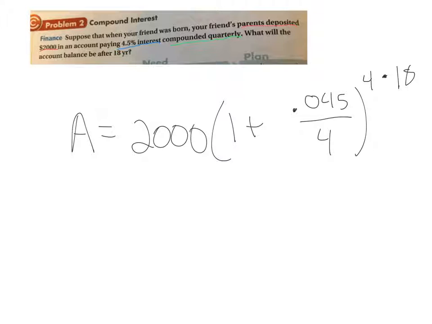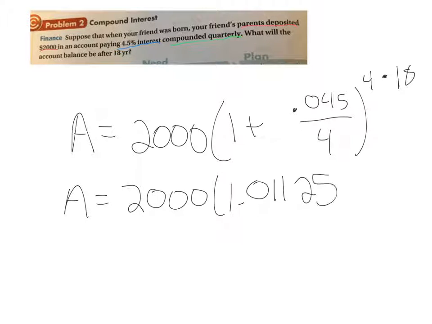Okay? So now we can simplify this. A equals 2,000 times 1 plus, we can actually simplify that, and we can just do that on our calculators to get the decimal. 1 plus 0.045 divided by 4 gives us 1.01125, and we're going to raise that to the 4 times 18 power, which again we can simplify to the 72nd power.